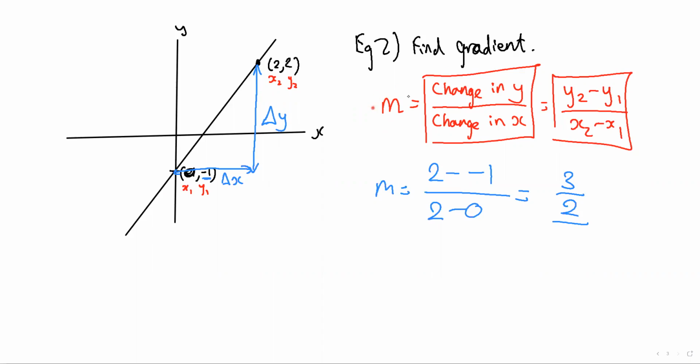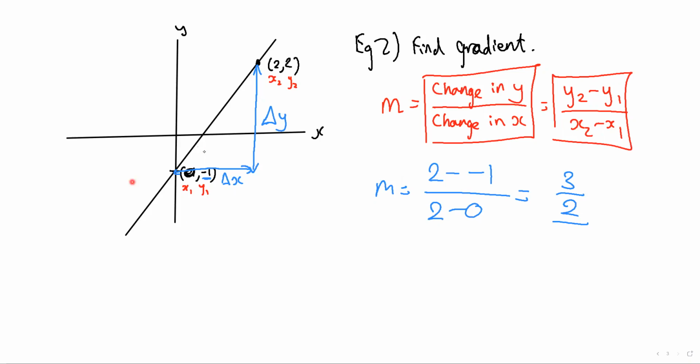So m would be big. But if y is smaller, you'll get a lower gradient. And if y is going downwards, you'll get a negative change in y, so you'll get a negative gradient.